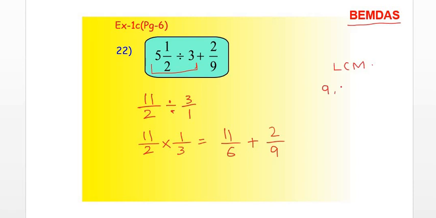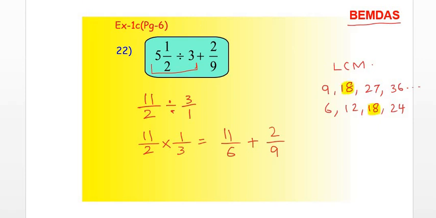Okay, so 9, 18, 27, and then 36, and so on. If we need, we will write more numbers. So 6, 12, 18, and then 24, right? So we found our least common multiple, that will be 18.